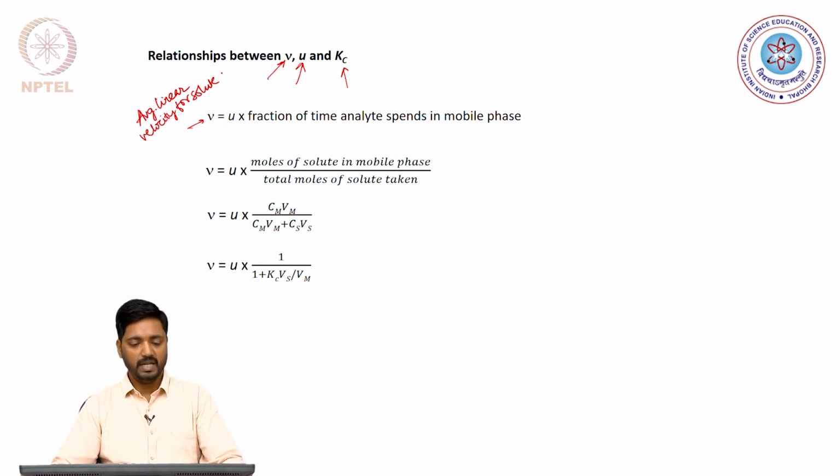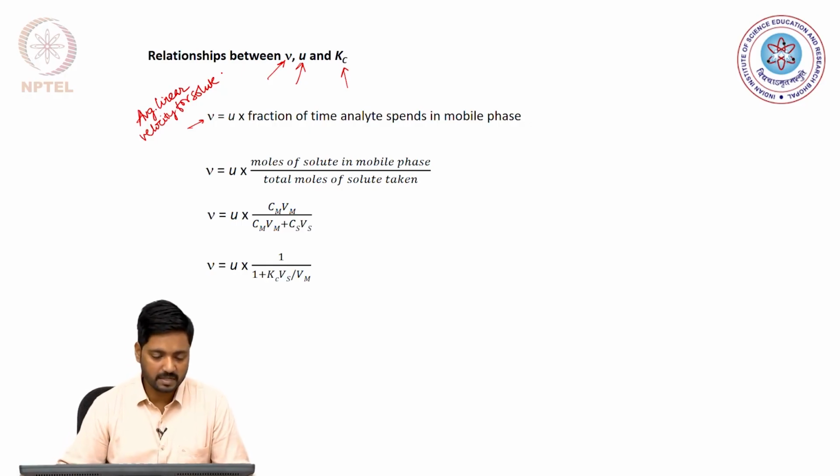So, if the analyte is spending more time on the mobile phase, then it will elute out much faster and will have a much higher average linear velocity. On the contrary, if our analyte is spending much longer time on the stationary phase or is getting stuck within the column, then the time fraction that this analyte is spending on the mobile phase is much shorter, or its average linear velocity will be much lower.